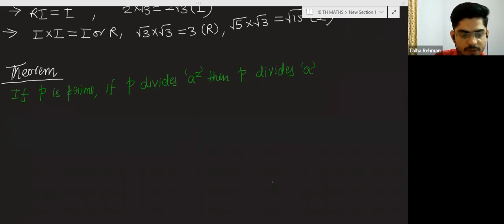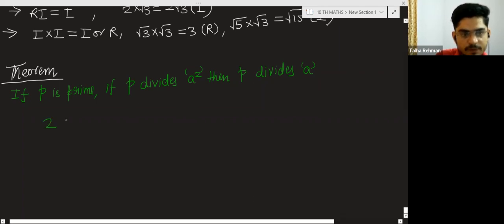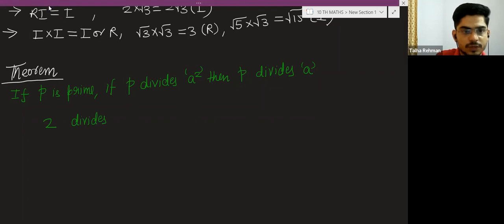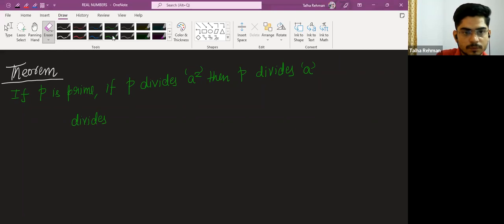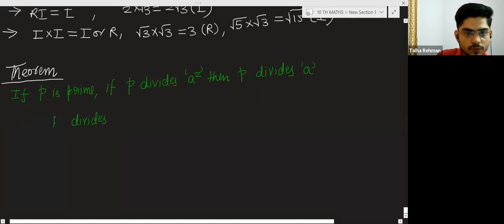For example, if 2 is a prime number, take a square as 4. 4 divides 100. 100 can be divided by 4 completely, you know this very well.